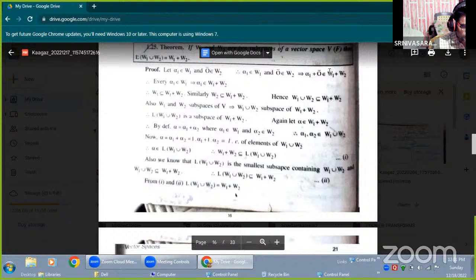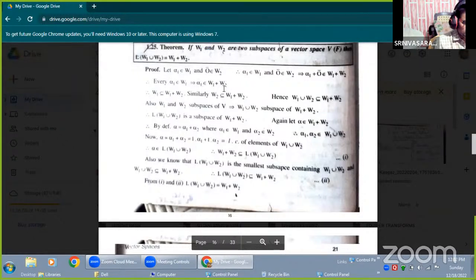Here alpha 1 belongs to W1 and 0 bar belongs to W2. By the additive identity property, alpha 1 belongs to W1 plus W2.